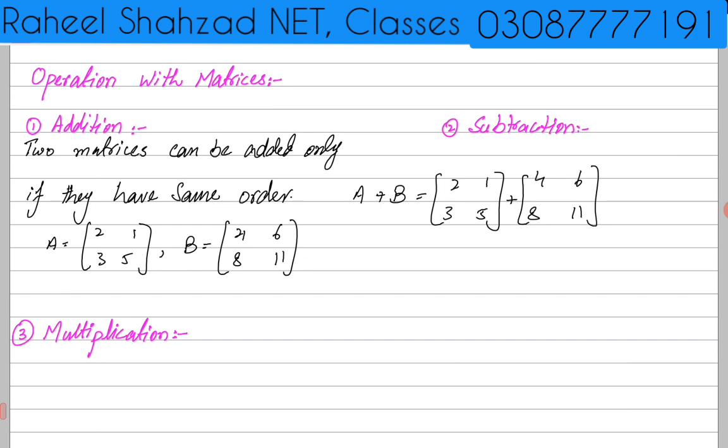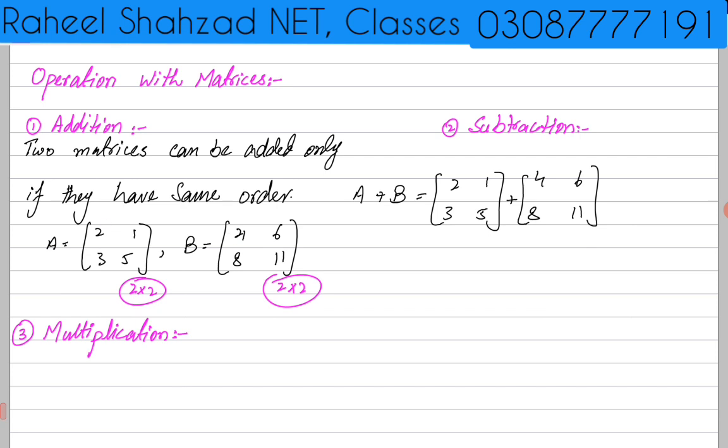Two matrices can only be added if, as you see in this question, it is 2 cross 2 and this is also 2 cross 2, right? The order of the two matrices is the same, 2 rows and 2 columns, 2 rows and 2 columns.